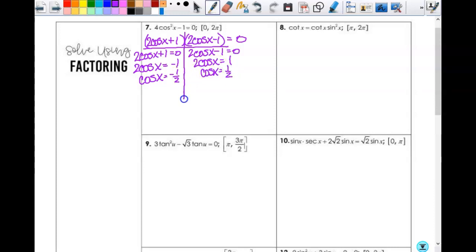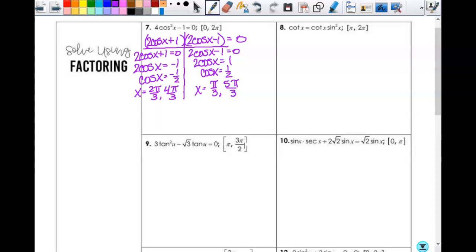Now we're going from 0 to 2 pi. So it's just one rotation around the circle. Cosine, when is cosine negative 1/2? 2 pi thirds, and what else? 4 pi thirds. And when is cosine positive 1/2? Pi thirds and 5 pi thirds.